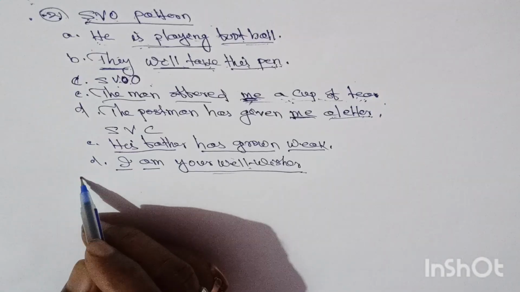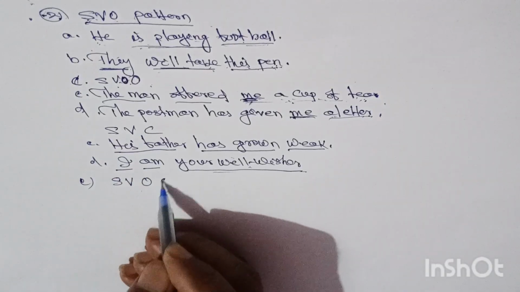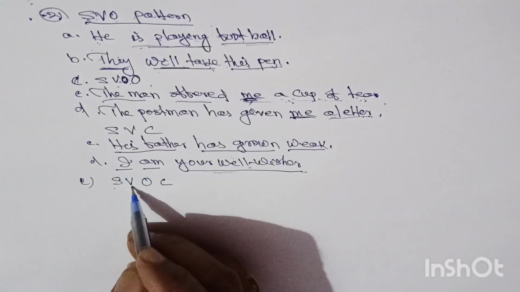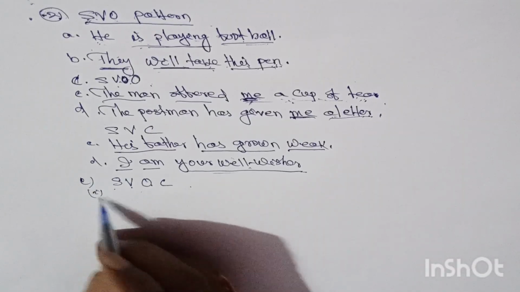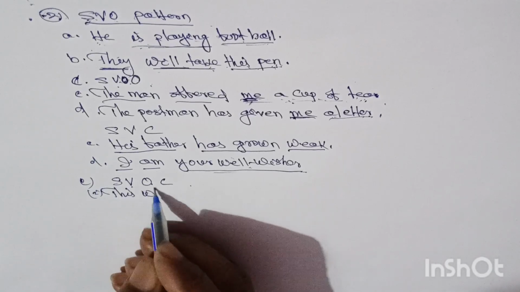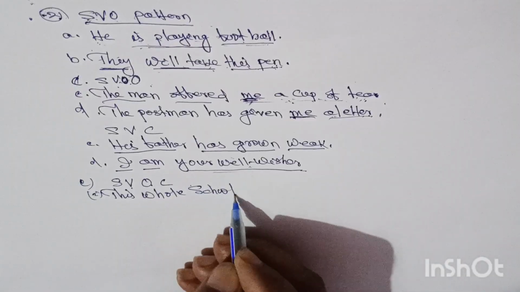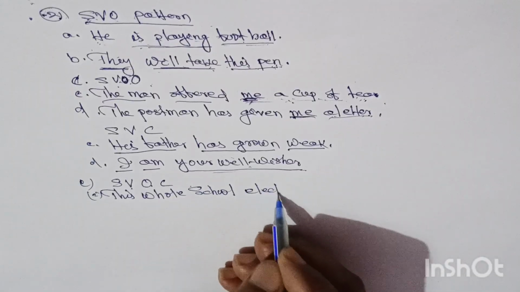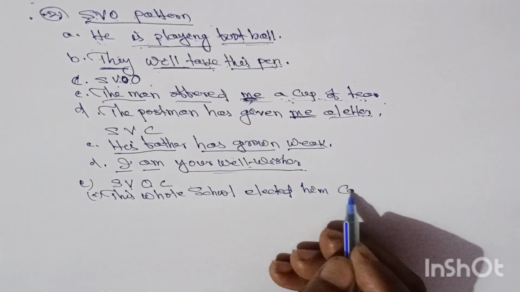Then fifth is SVOC: subject, verb, object, complement. Example: this whole school elected him captain.